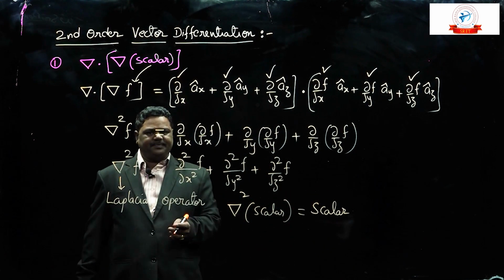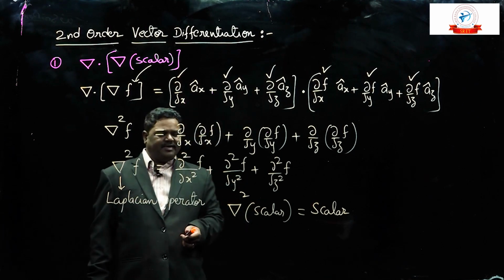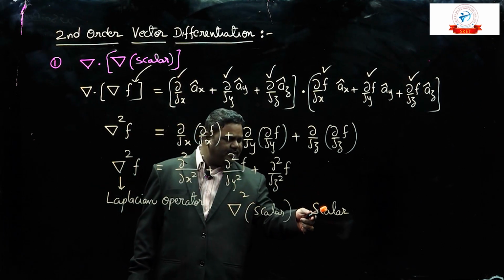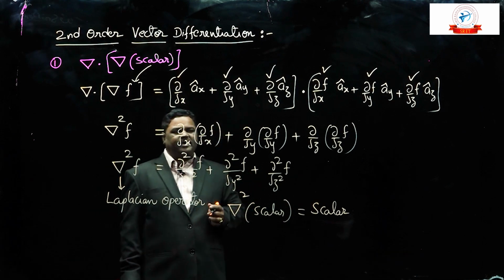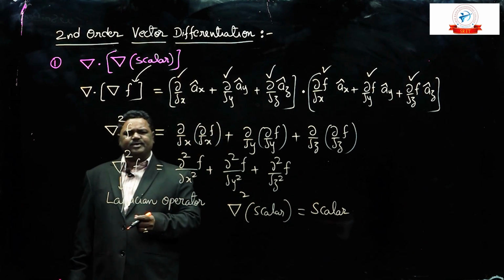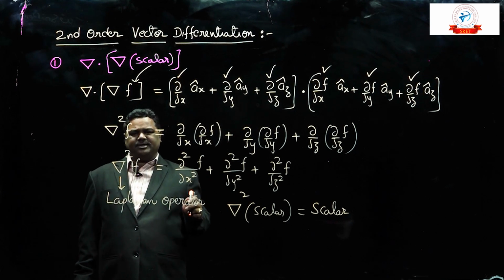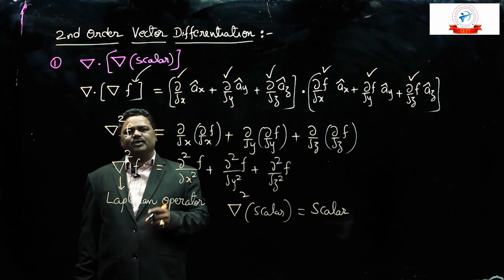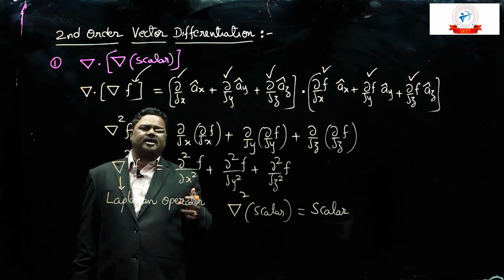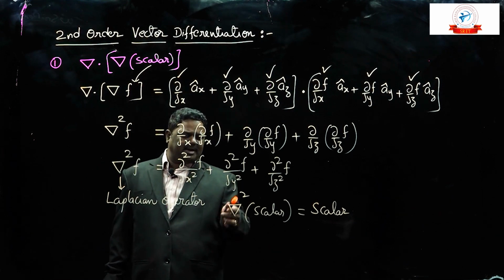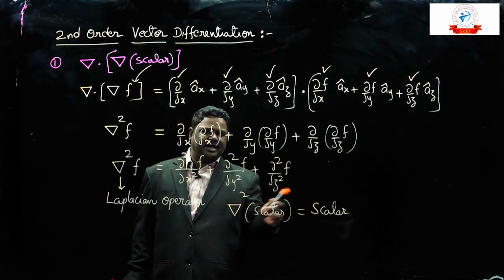That means we apply Laplacian on a scalar and the result is also a scalar. But there is one important point to observe here. The Laplacian operation is the only operation which is applicable both on vectors and also scalars. Here I have shown you Laplacian is applicable on scalars, and the result is a scalar.